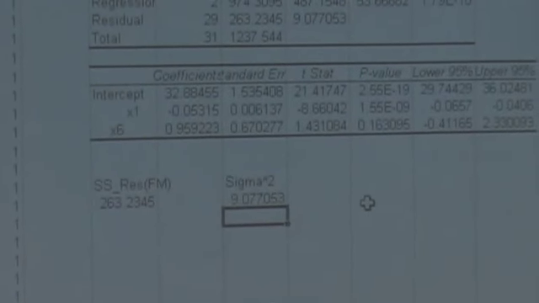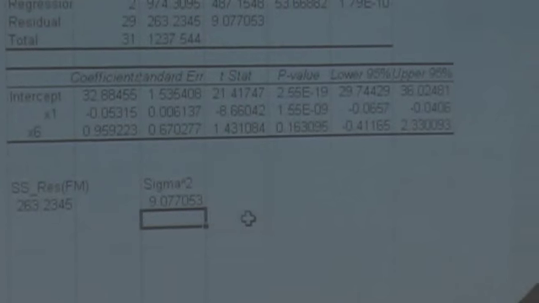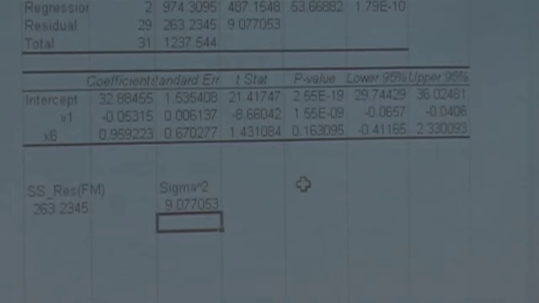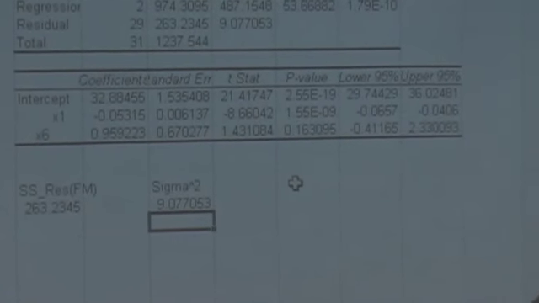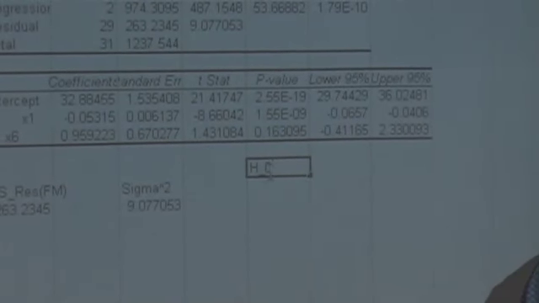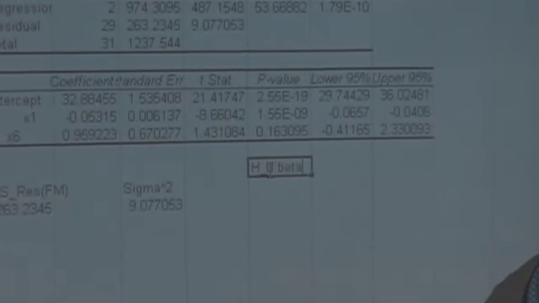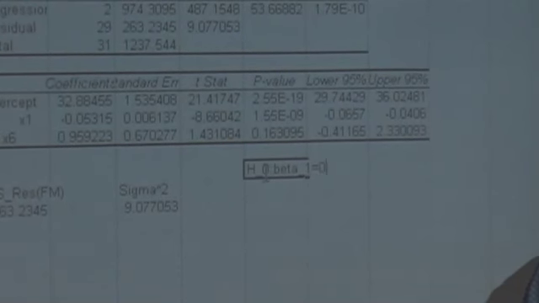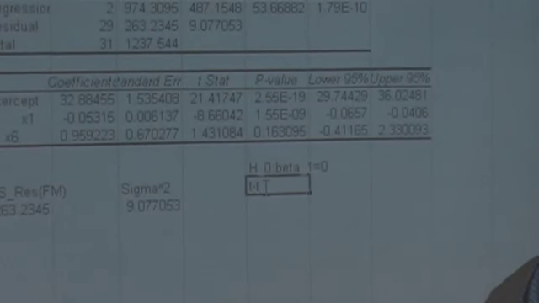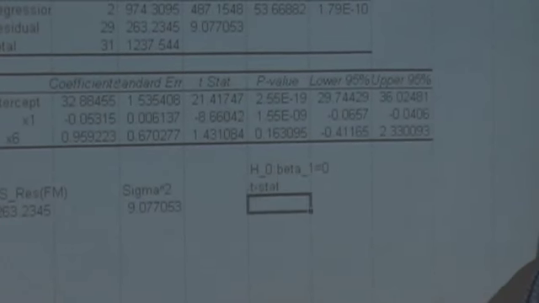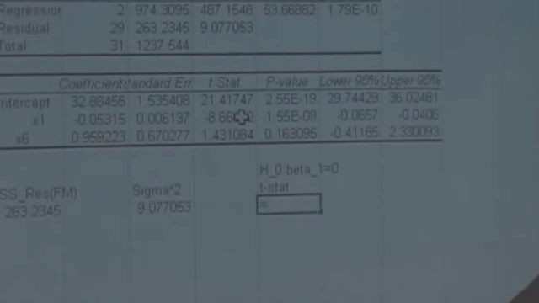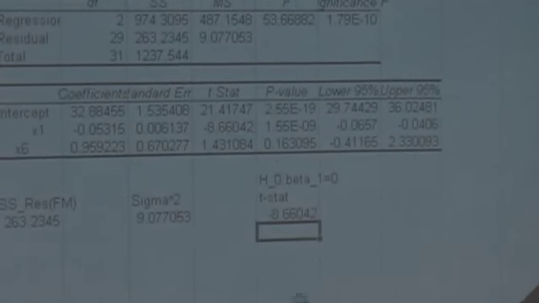All right. Then I need the reduced model, right? And I notice here that the T0 statistic for H0: beta 1 equals 0 is equal to negative 8.66. Okay.